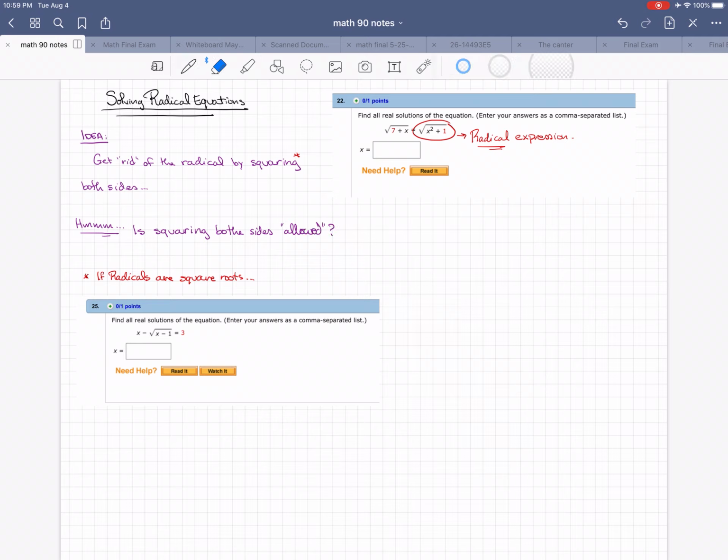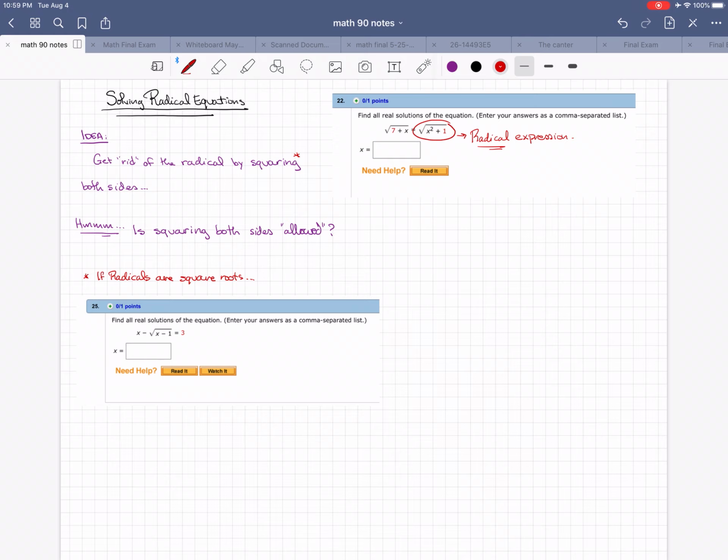Well, in our previous lesson, we were solving rational equations. And when we went to multiply both sides by the least common multiple of the denominators, we had to be careful because we needed to make sure it wasn't 0. And so I want to think about the same sort of thing with squaring both sides.